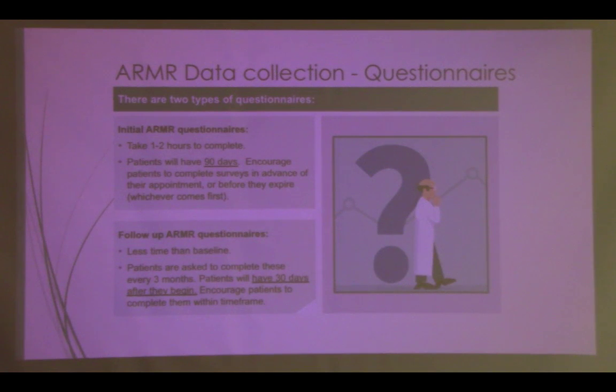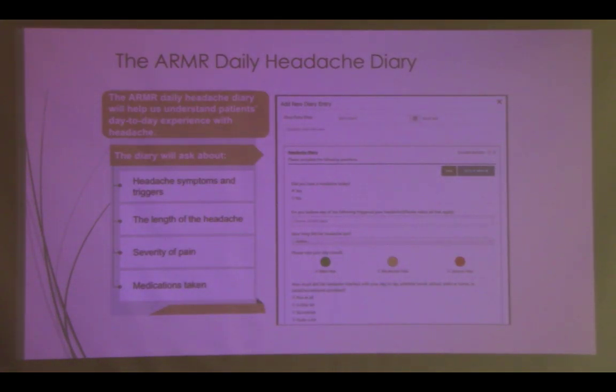And then the follow-up questionnaires that are launched every 3 months after the baseline visit would take much less time and are more specific questions, and patients have up to 30 days to complete them after they hit the start button. And as I mentioned, the daily headache diary is also a key data resource for us.